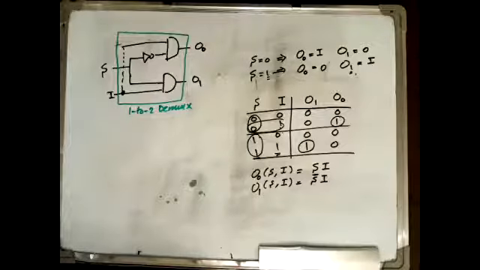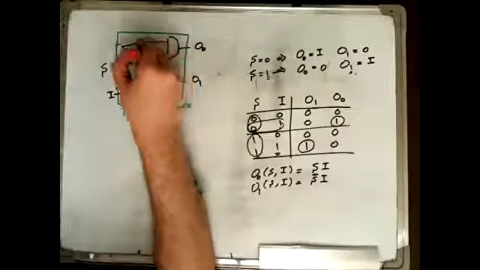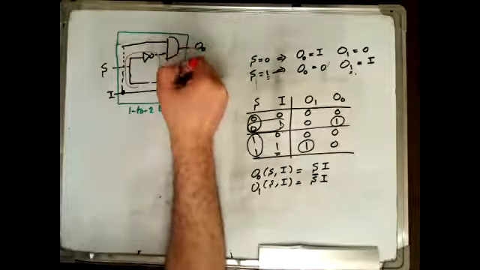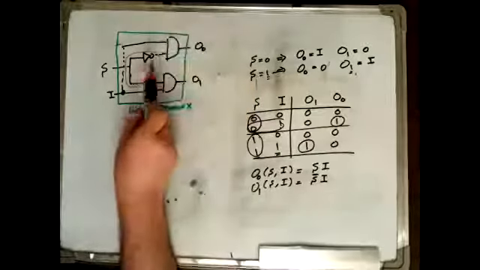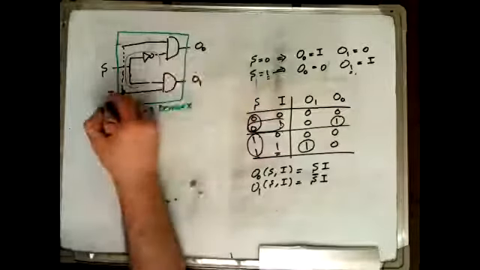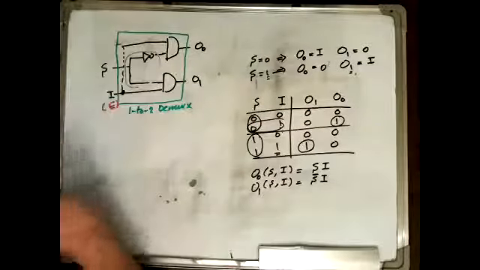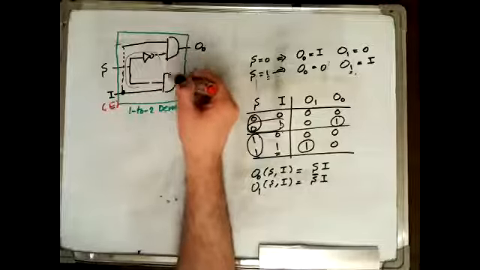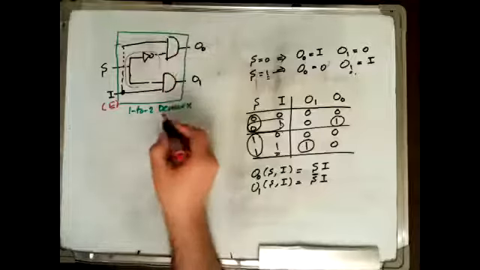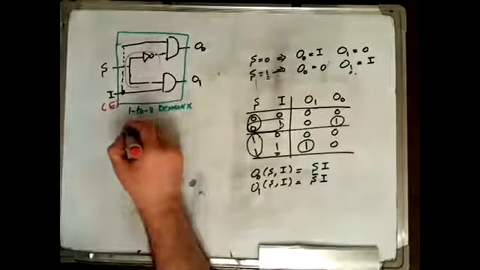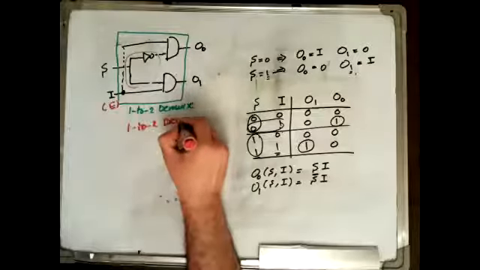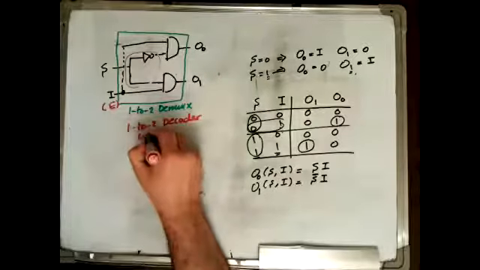It is a 1 to 2 decoder, this one in red, with output enable. Remember when we built the 1 to 2 decoder, we used 2 AND gates and we used the enable. So the Dmux is basically also a 1 to 2 decoder with output enable.